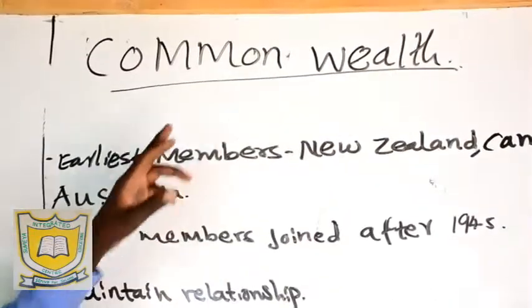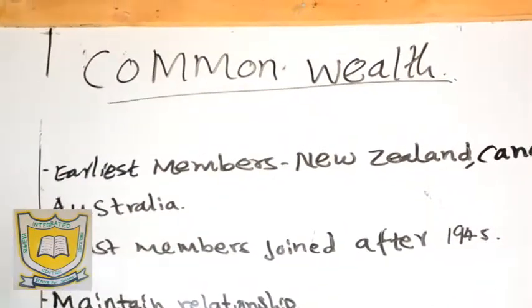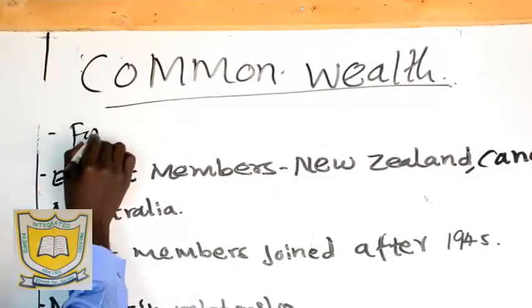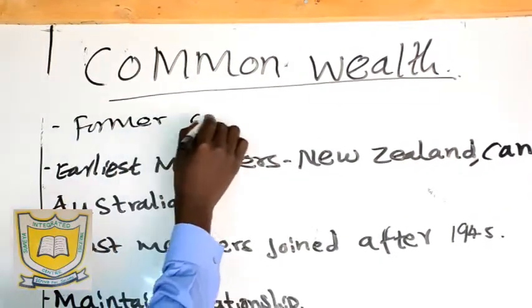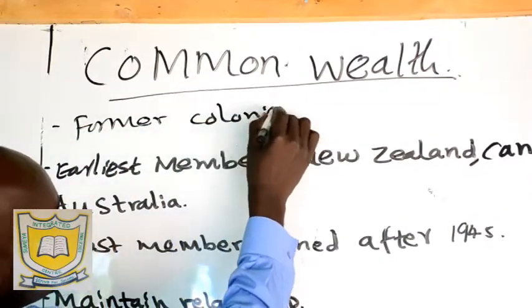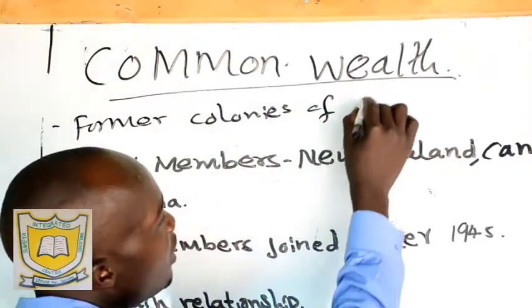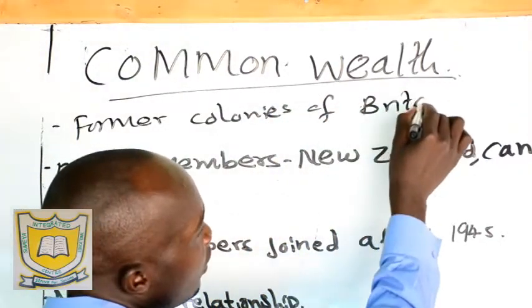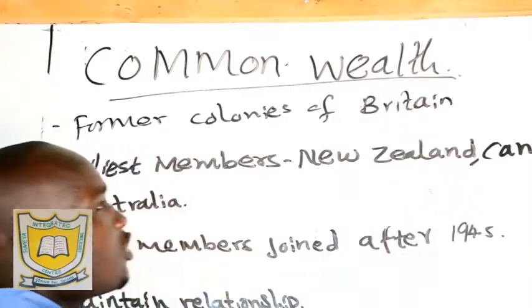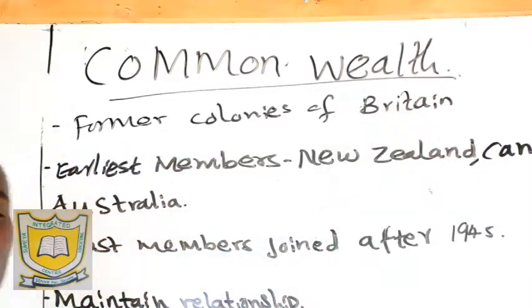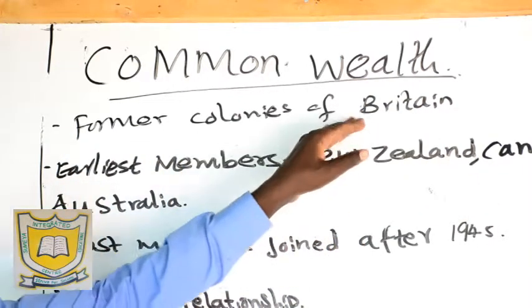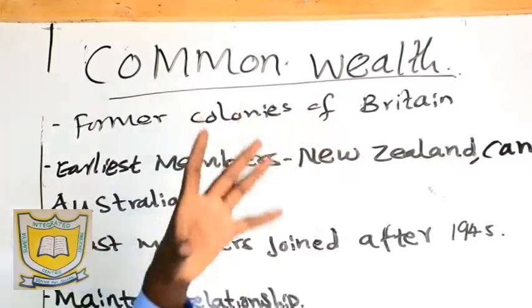Commonwealth is an organization made up of former colonies of Britain. So all members who were colonized by Britain form what we call the Commonwealth.